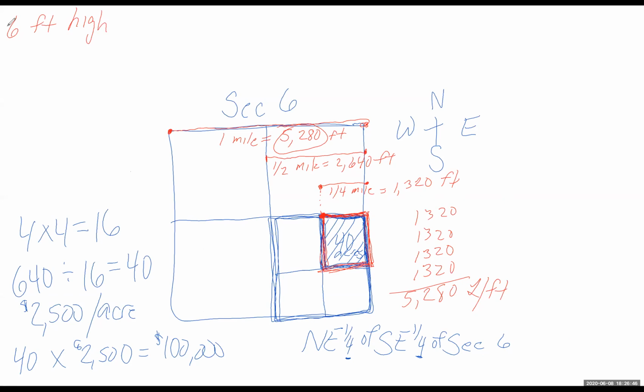And the cost of the fence is $2.35 per square foot of fence. That's the number one cost. And then they're going to charge you $3 per linear foot for installation.